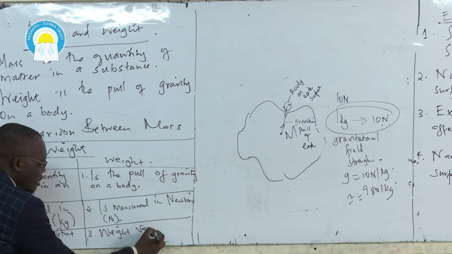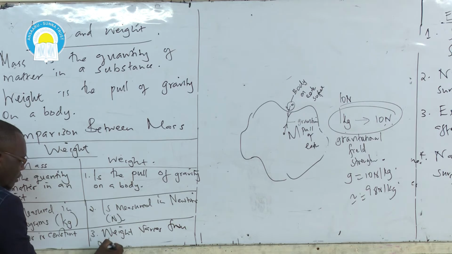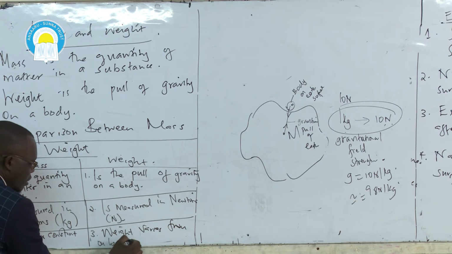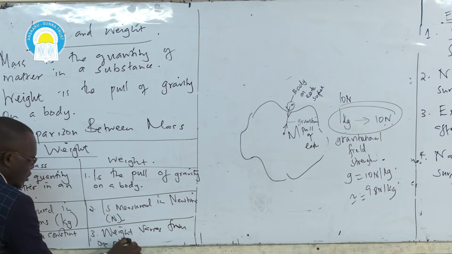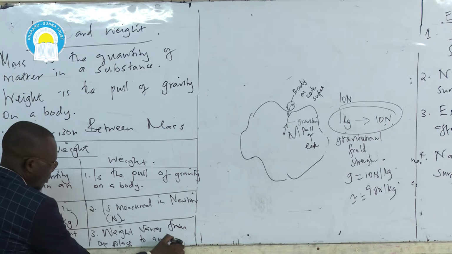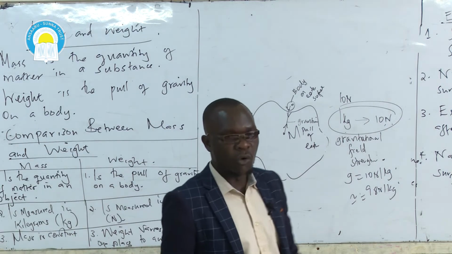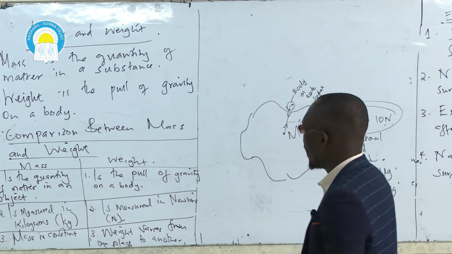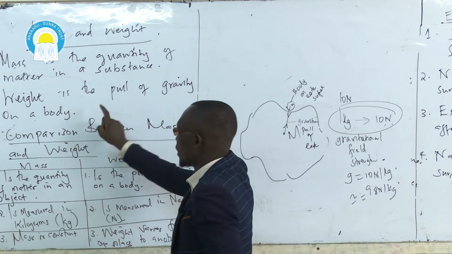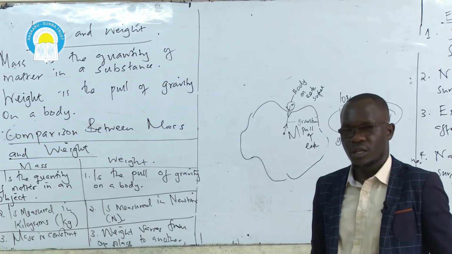Weight varies from one heavenly body or one place to another. Weight, unlike mass, changes from one place to another. Why? Weight is the pull of gravity on a body.